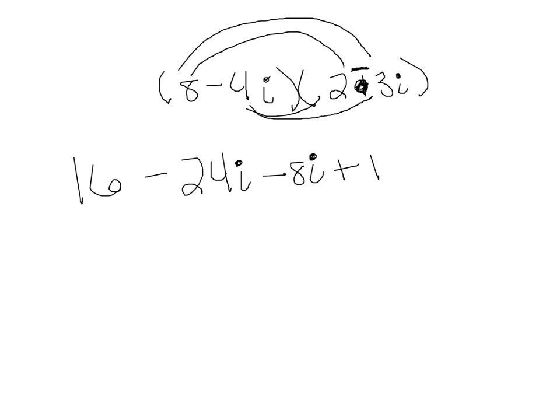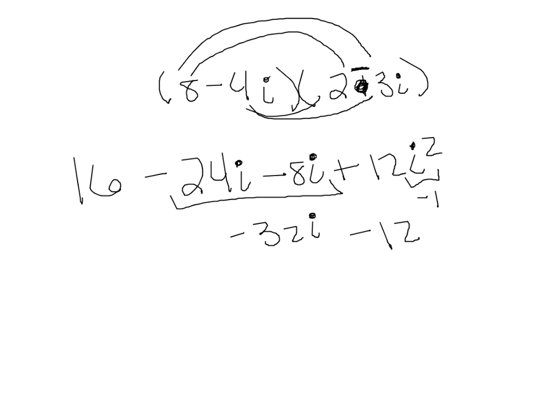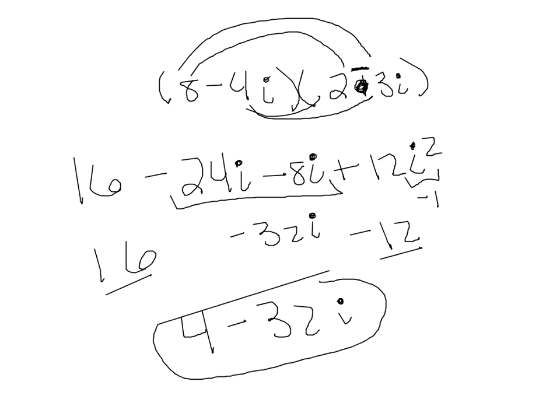And then minus a minus is plus. So we have 12. i times i is i squared. That's going to give me minus 32i. And here, that's going to give me minus 1. So I get minus 12, because plus and minus is minus. And then combine that, and I get 4 minus 32i.